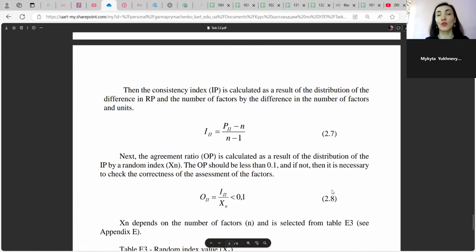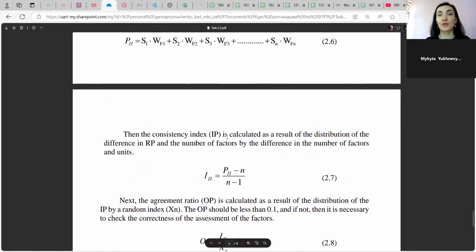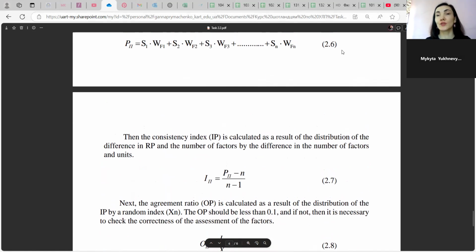So please write: I with index P is equal to, and in the upper part of our formula we put the result of the previous calculation, formula 2.6, P with index P, minus N. N for all variants is how many factors we have. For all variants we have 6 factors, so N is equal to 6.